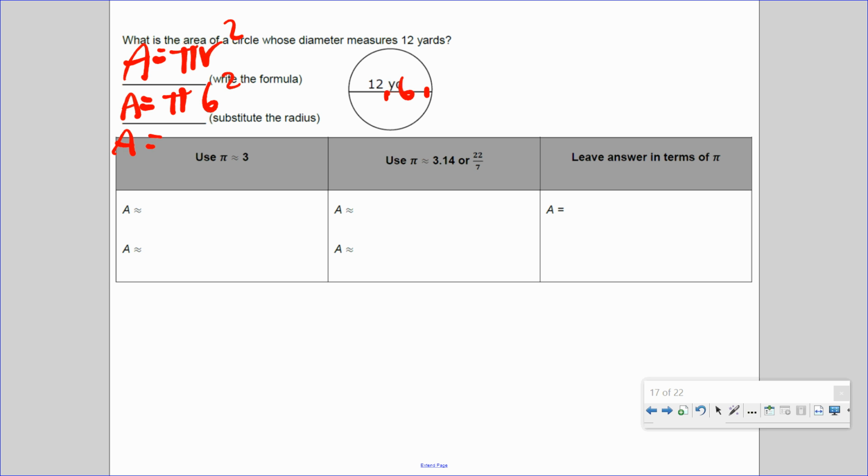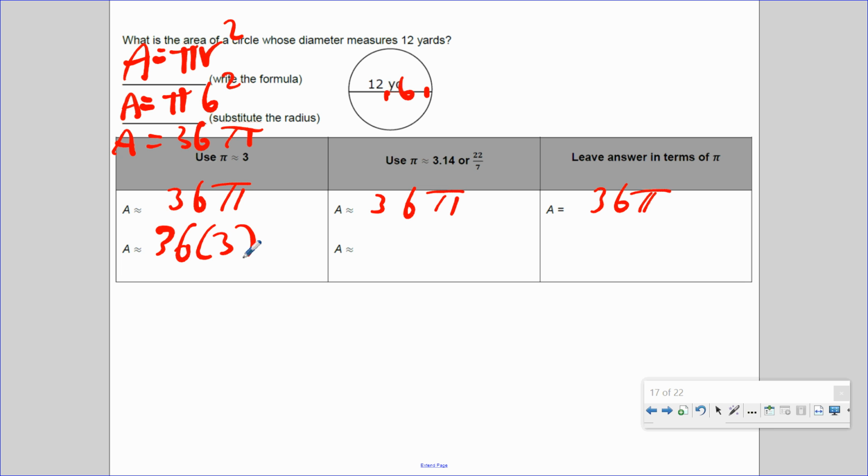So the area equals 36 pi. Use pi as 3. So I'm going to substitute the pi with 3. 36 groups of 3 is 108 square yards.